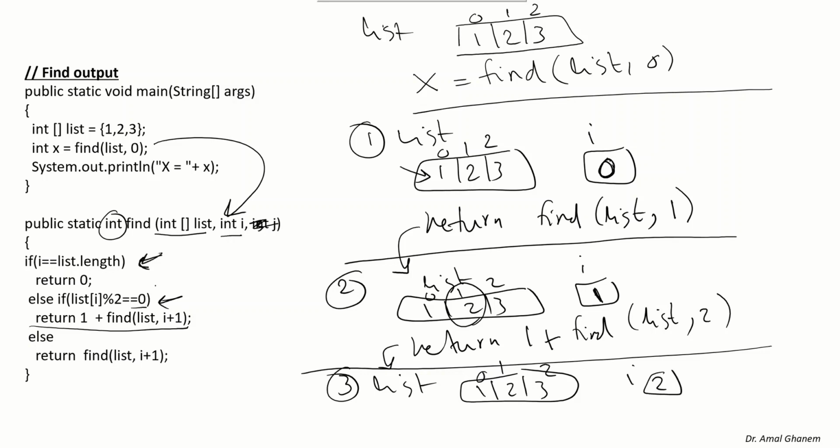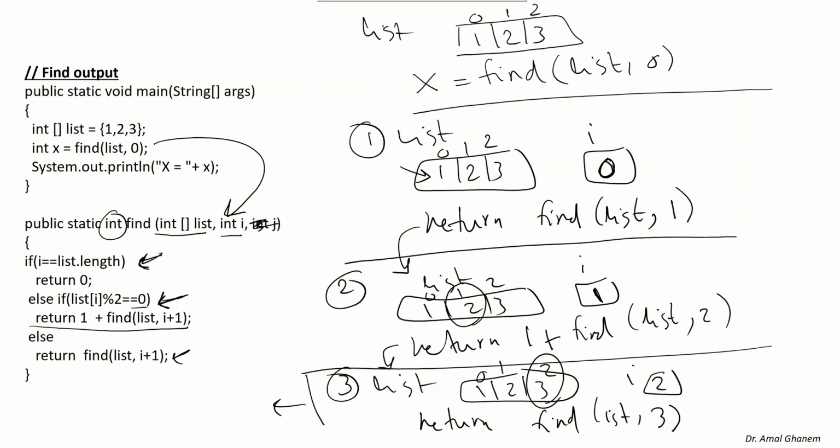Did you reach the end? Still not. Are you looking at an even number? Currently, we are looking at index 2, which is a 3. This is not an even number. Then I have to go to the last else. So I return the value of find of list, i plus 1, which is a 3.